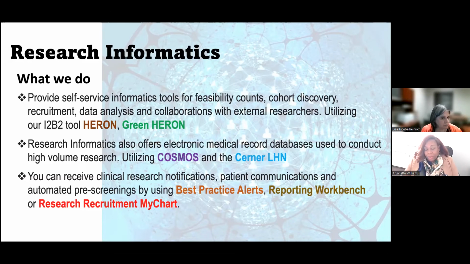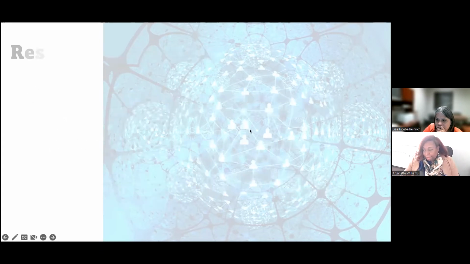We also have another research informatics tool that we assist with where you can receive clinical research notifications, patient communications, and automated pre-screenings by using what's called best practice advisories or alerts. And we also have another tool called Research Recruitment via MyChart, or you can use the reporting workbench. And I'll talk more about what those are in just a moment.